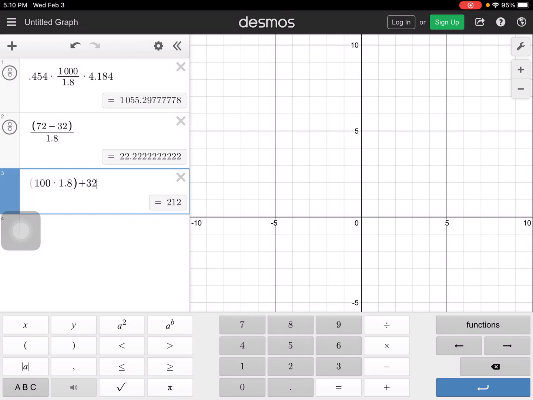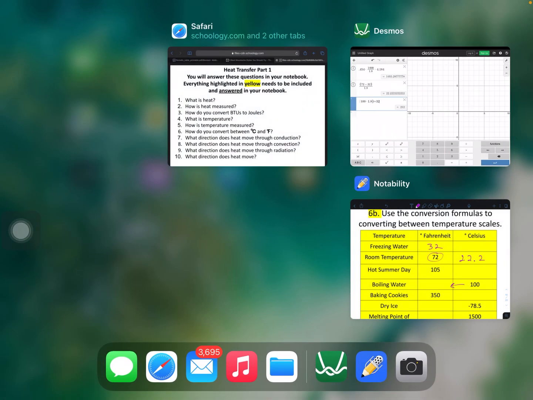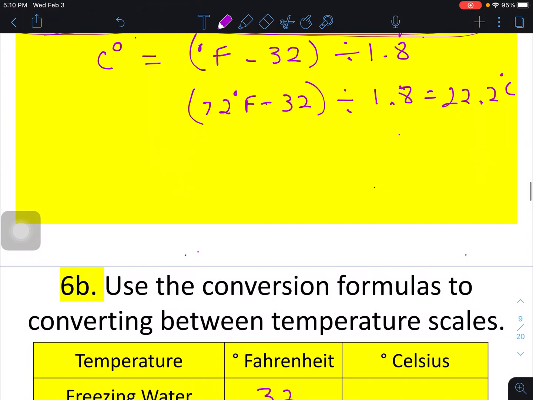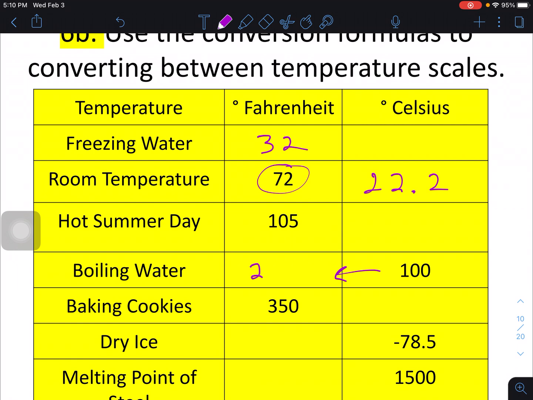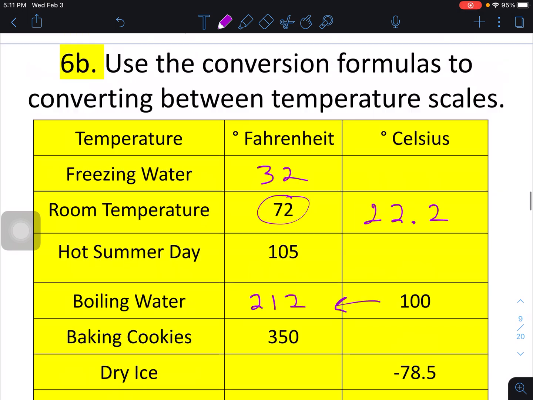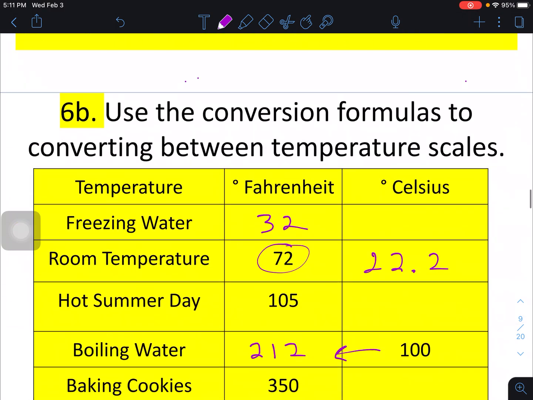That gives you 212. 100 times 1.8 plus 32 equals 212. That's how you do the math. You can do those other conversions. You can go online and find direct conversions that do the math for you, but it's good to know how these numbers are derived.